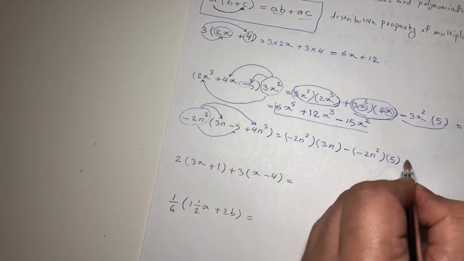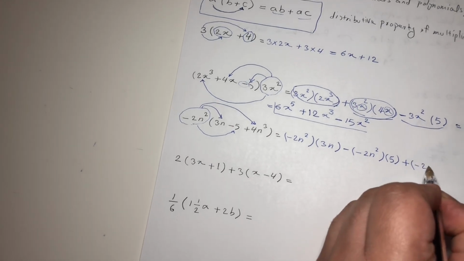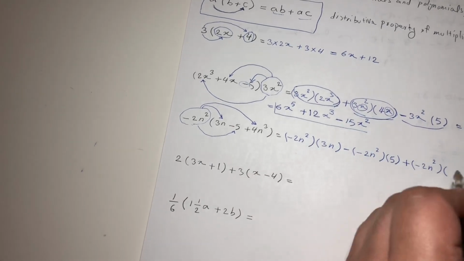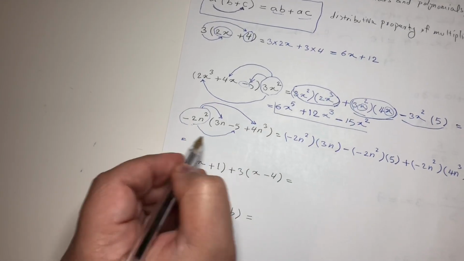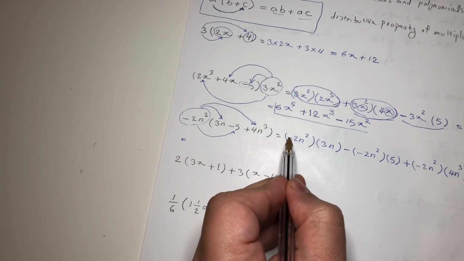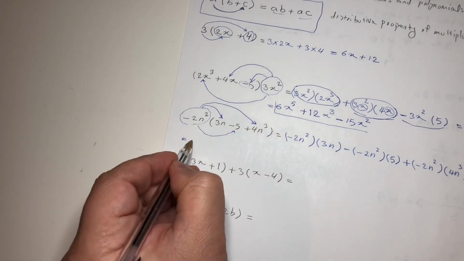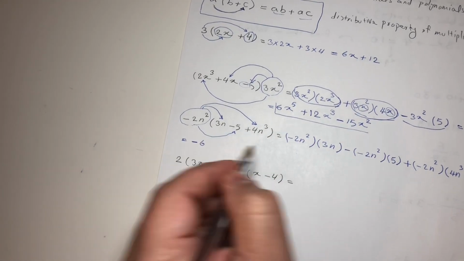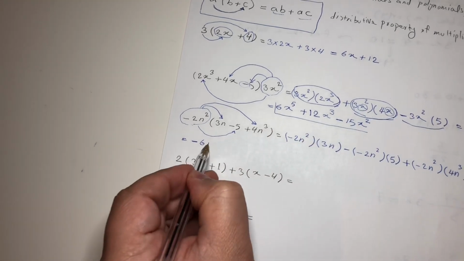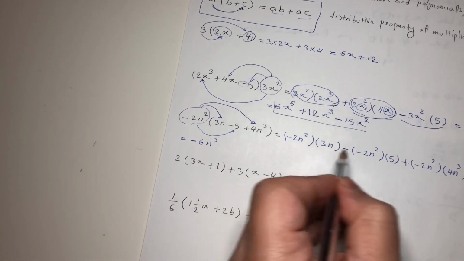We have a plus sign here, minus 2n2 multiplied by 4n3. Okay, so if we have a minus sign and a plus sign, the result would be minus 2 by 3 is 6, n2 by n is n3, right?